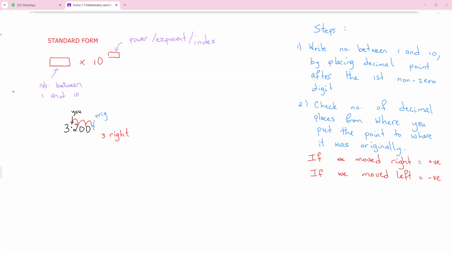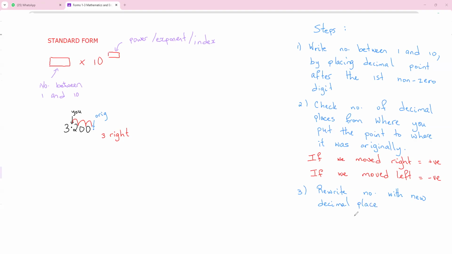Next, we're going to rewrite the number. So our third step is to rewrite the number with the new decimal place, right?